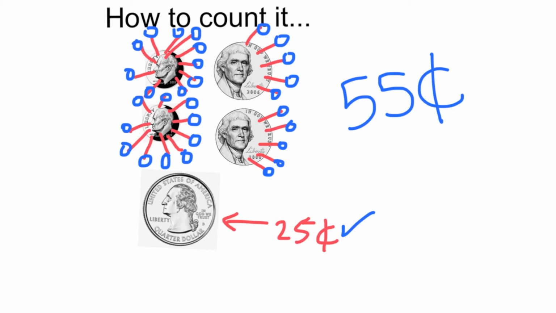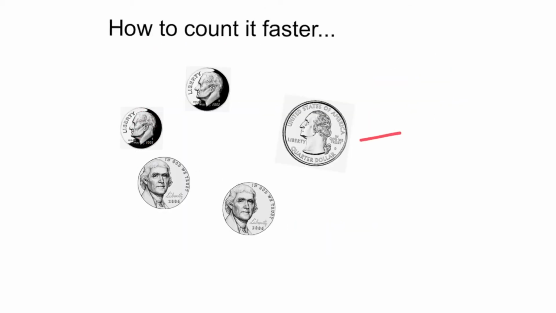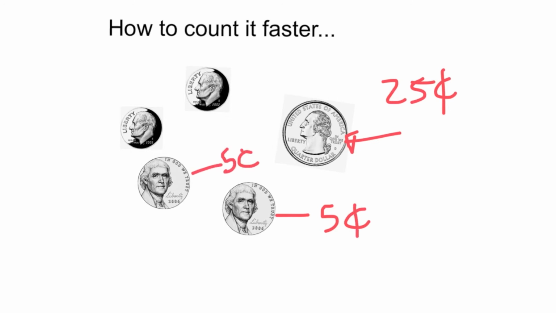Now, if you do know how to count by 5s and 10s and 25s, then let me show you a quicker way. Here's how to count it faster. We said this guy is 25. Since there are no other quarters in there, I can just continue counting. I remember that this is 5 cents, and this is 5 cents, and this is 10 cents, and this is 10 cents as well.